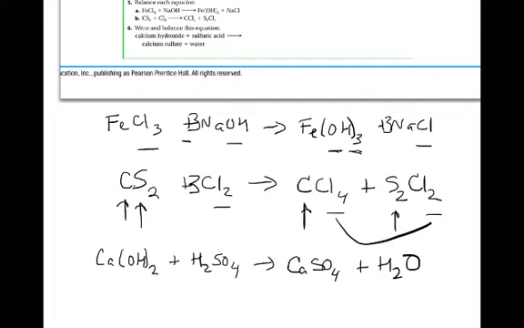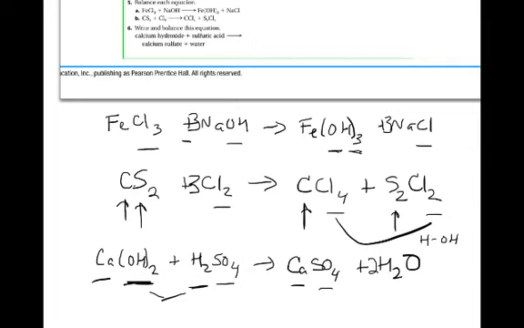So if we take a look, calciums, they look good. Okay, sulfates, they're good. So we've got 2 hydroxides and 2 hydrogens. Remember, I told you that we can think of water as being HOH, hydrogen and hydroxide. So if I've got 2 hydroxides and 2 hydrogens, that's going to make 2 waters. So I would have a 2 right there.